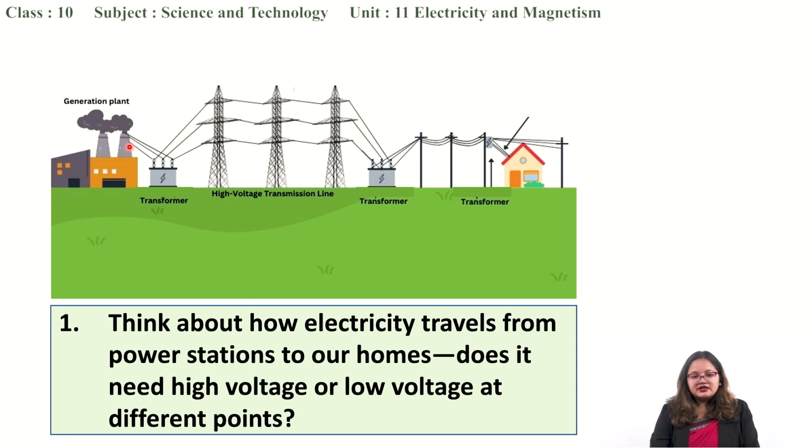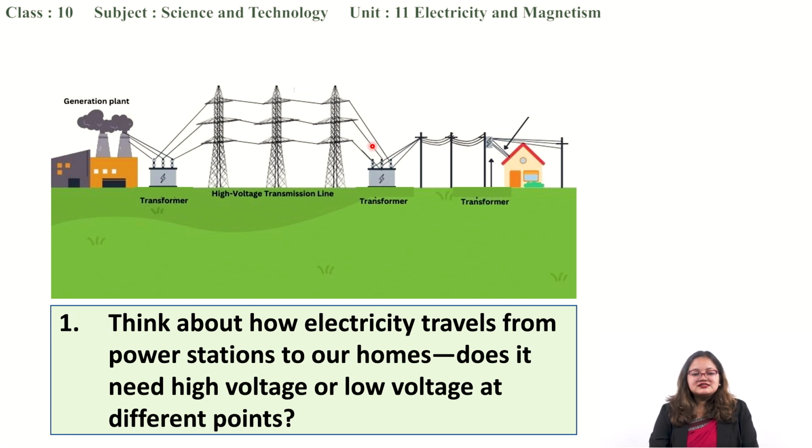So when the induced voltage reaches this transformer, it increases the voltage to a very high voltage, and then these transmission lines are used to reach the substation. So from the power station, high voltage transmission is used because the voltage that is transferring from this power station to the substation is quite high.